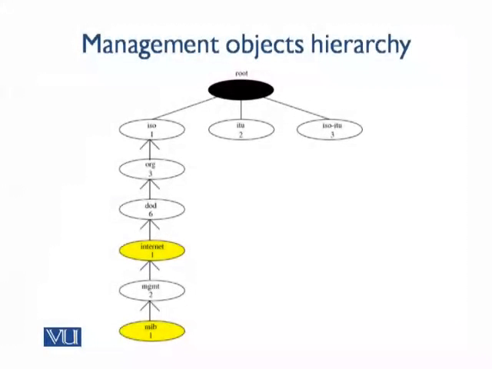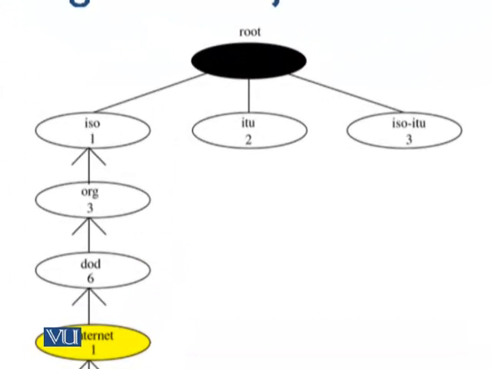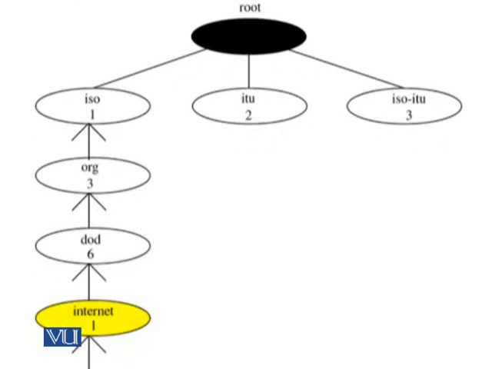So one thing we have is at the start we have the root, and then in the important line of this hierarchy which we are going to follow for the internet, we have ISO at the second level, and beyond that we have ORG, which is a short form of organization, and beyond that we have DOD, which is the Department of Defense of the US, and after that we have internet.